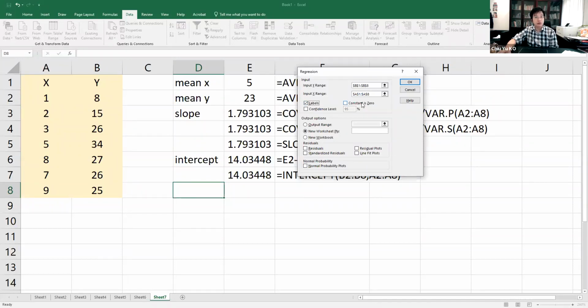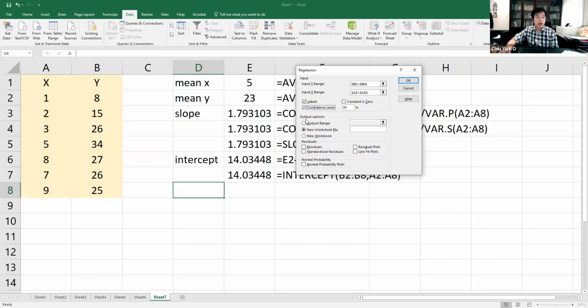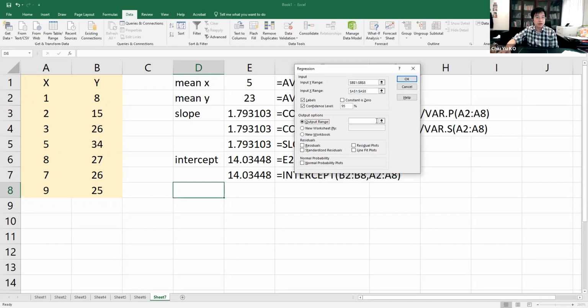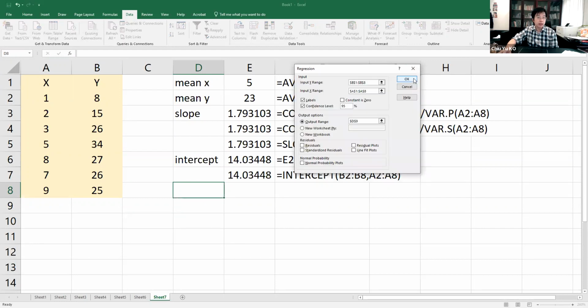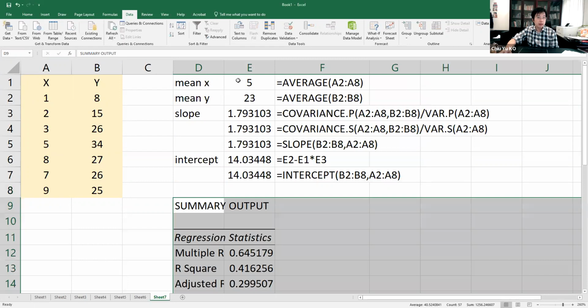Constant is 0, I usually don't do it unless you have some reason, so just ignore this one. Confidence interval you can set to 95%. And now you can choose where to output it. You can put it here, say. Then you end up with something.